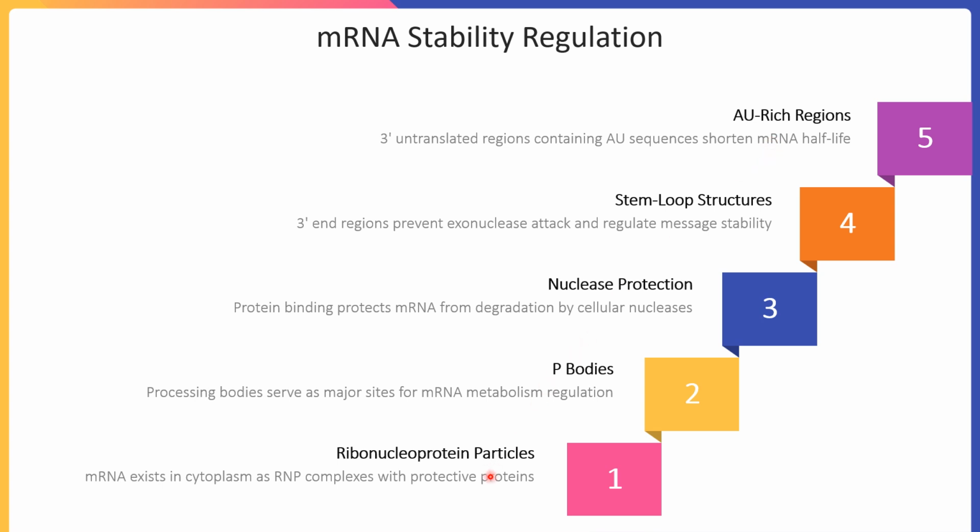So here we have seen some things are increasing the half-life or the protection or the stability of the mRNA, whereas some are decreasing the stability of mRNA. Based on the need for its expression, we can decide whether the stability should be increased or decreased. So this is an area where we can regulate the mRNA stability, thereby regulating the gene expression.